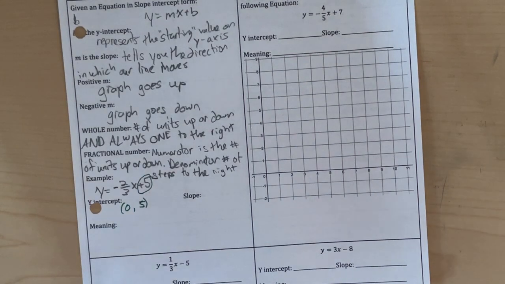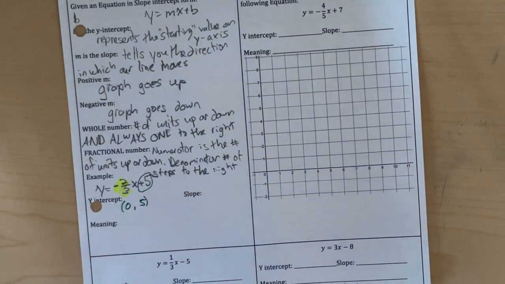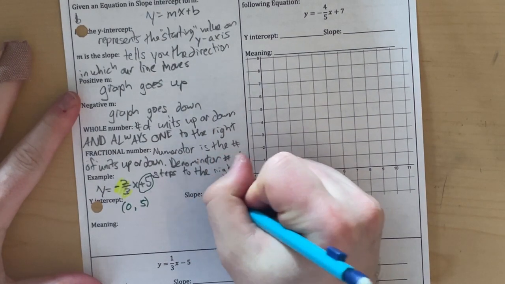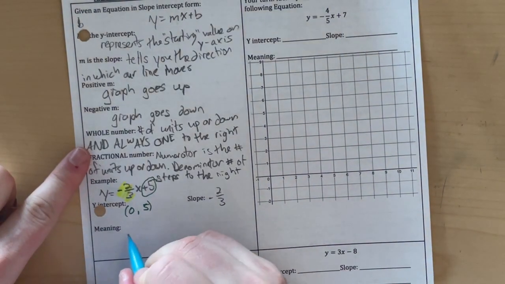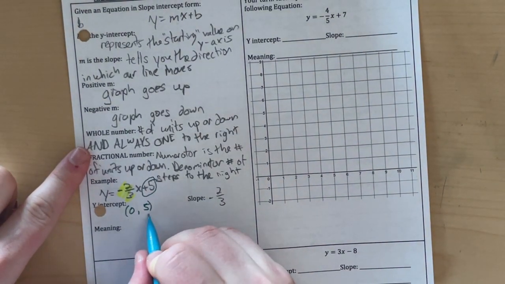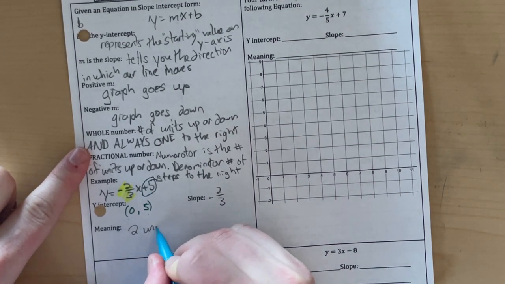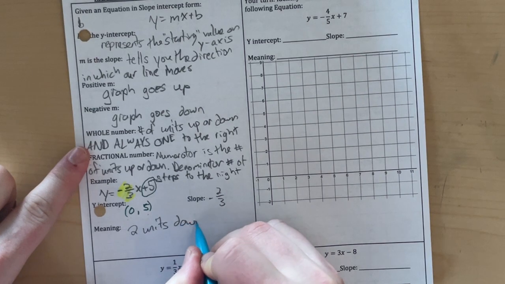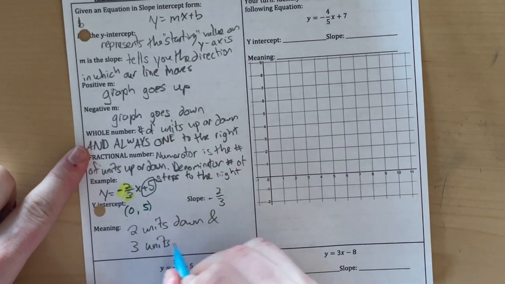And then what else do we notice? We can say our slope for this one is going to be negative 2/3. And so what does that mean? Well, what does that tell us? We start at that point (0, 5), and then we go 2 units down and 3 units right.